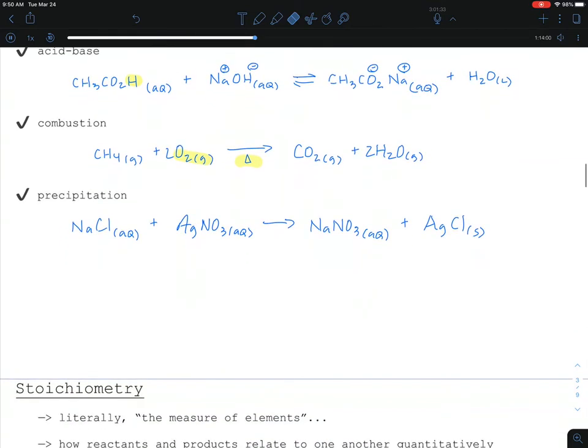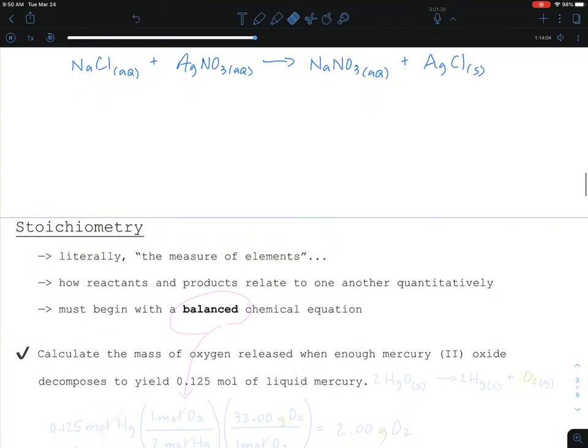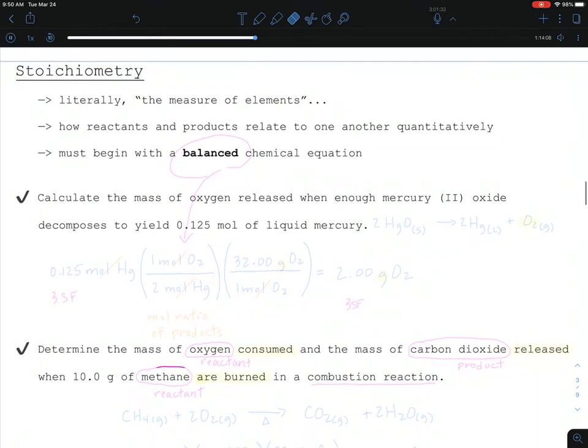So we're going to move on into some stoichiometry. This is where we're going to have some calculations that we're going to do. So really what we're talking about when we talk about stoichiometry, literally it means the measure of the elements.